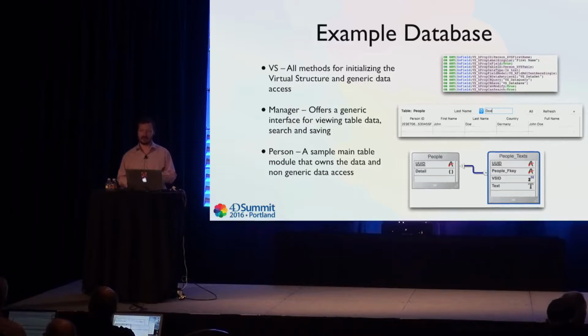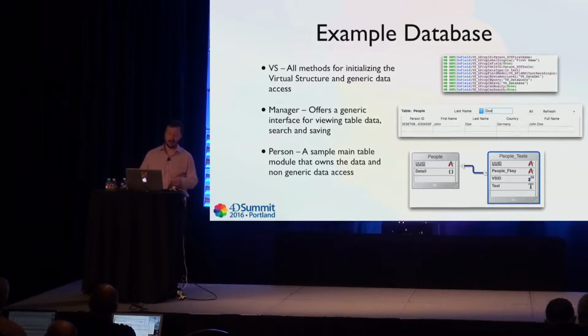Just a quick overview. We have the example code broken up into a few different modules. Of course, the virtual structure module, the generic manager module, and a person module, which is the actual data that's going to be leveraging the virtual structure and the generic manager modules.